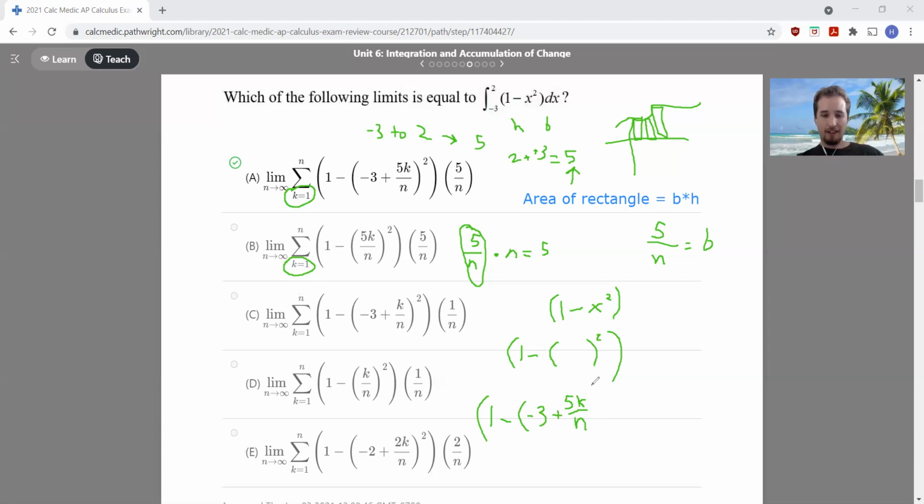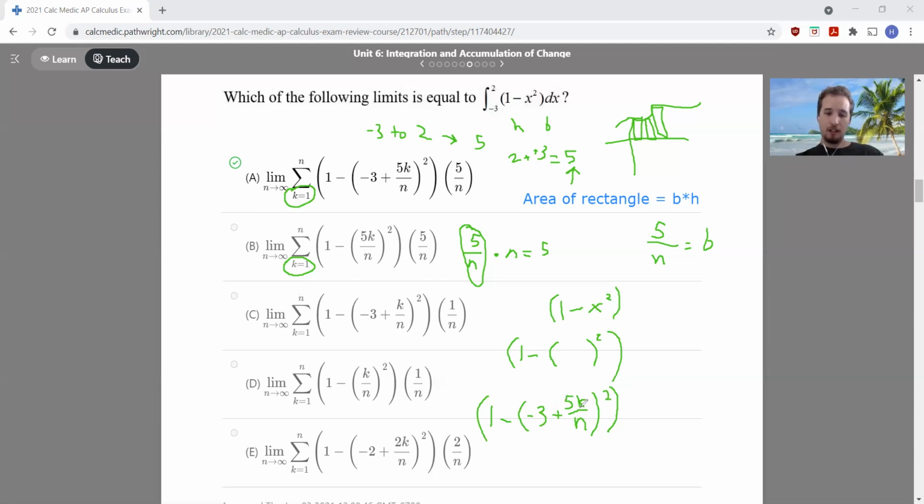This is a very difficult problem. Remember this value of k goes all the way up to the value of n based on the summation.